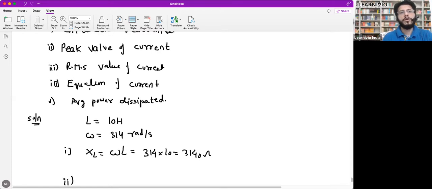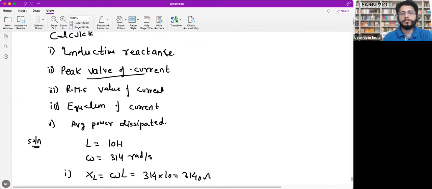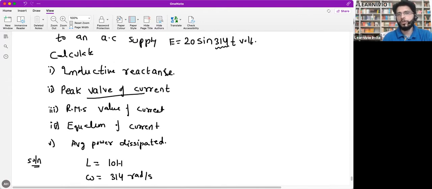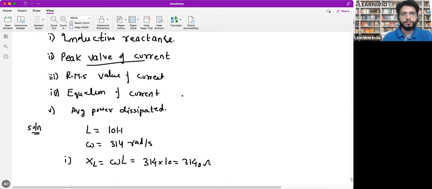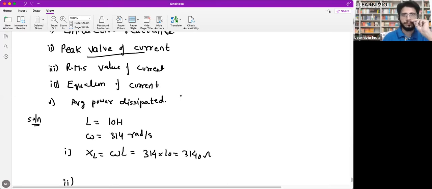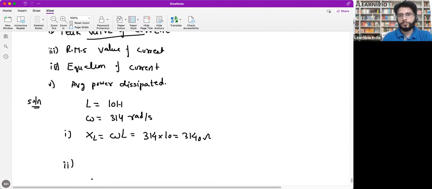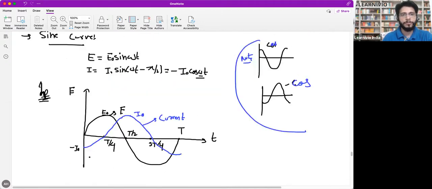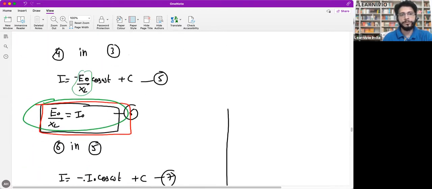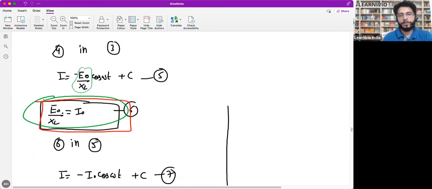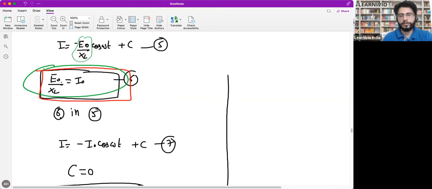Second part. Sania, how would you calculate peak value of current? Peak value of EMF is known. For a circuit having inductor only, when you have EMF, peak value of current is peak value of EMF divided by inductive reactance, XL.